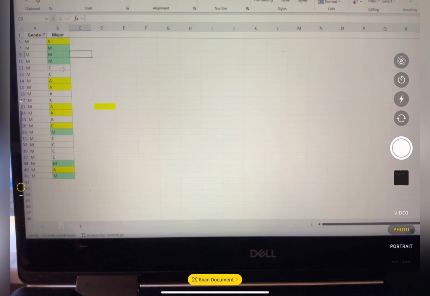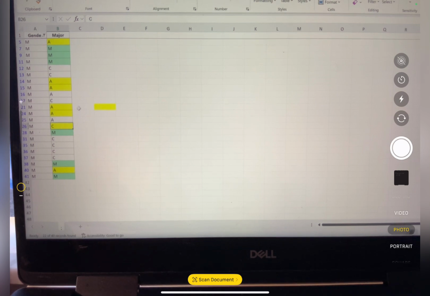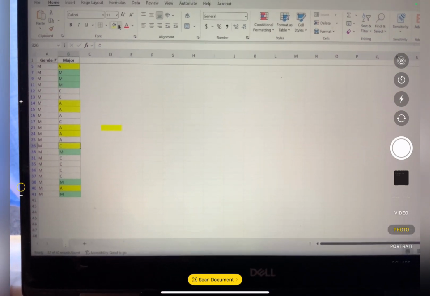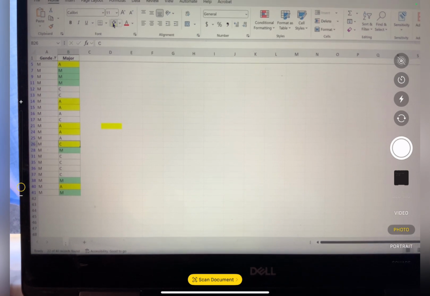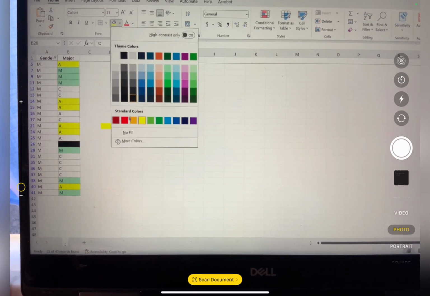So 1, 2, 3, 4, 5. Oh, this C is not included. I'm clicking on C and then clicking on color. No fill.